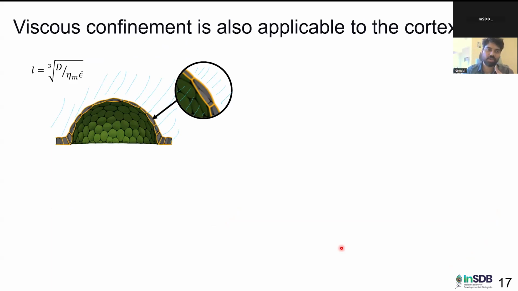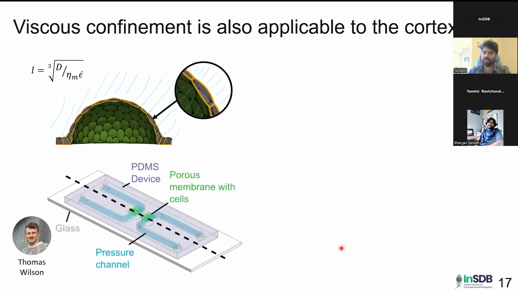You have cell culture medium on the outside. Inside the cortex, you have cytosol, which is more viscous than cell culture medium. So by this logic and the length scale, we could predict that at the subcellular scale, you could have 1 micron size folds. To visualize this, with Thomas Wilson, we got a light sheet device, where we could image the same experiment in light sheet.